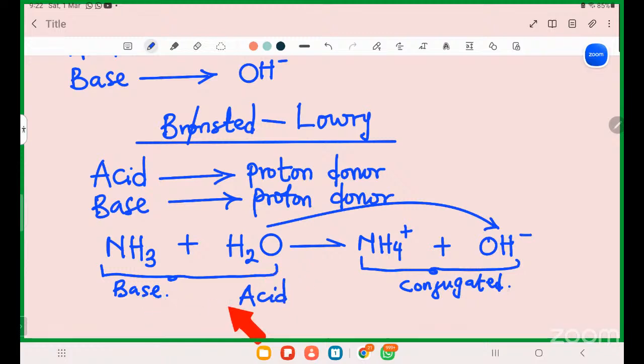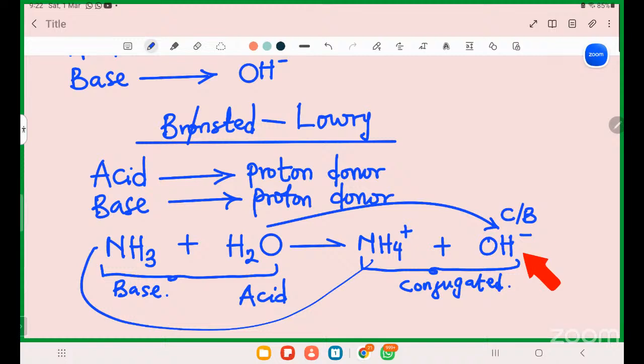And this NH4 plus is the conjugate acid, formed from the base. A conjugate acid is a substance that is capable of donating proton. A conjugate base is capable of accepting proton. Are we together? Can you hear me loud and clear?